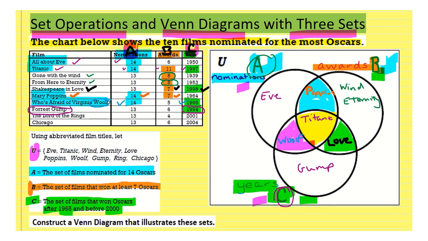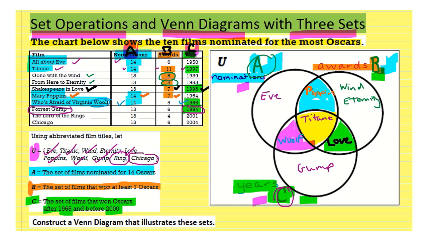Okay, so now we've got to see if we've left anything out. We've accounted for Eve, Titanic, Wind, Eternity, Love, Mary Poppins, Virginia Woolf, and Gump, but we have not accounted for Rings, which I guess is Lord of the Rings, and Chicago.